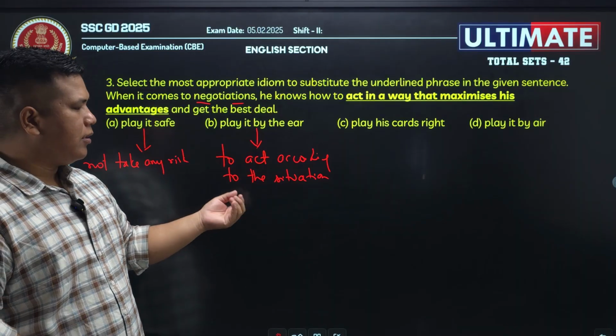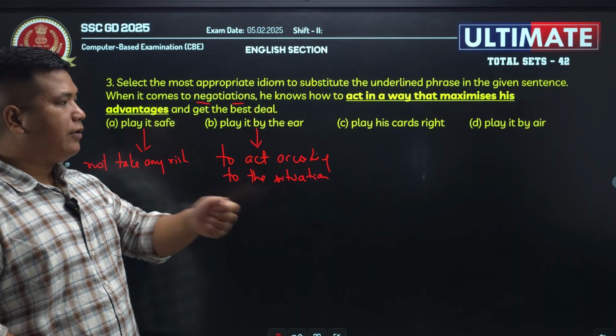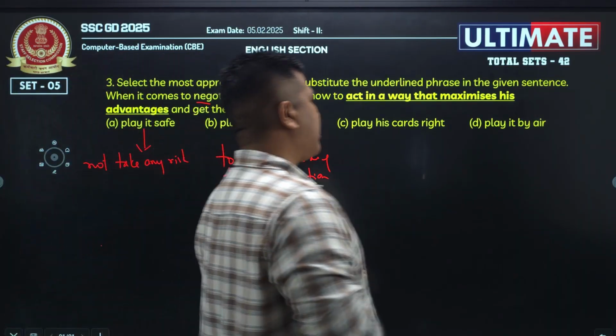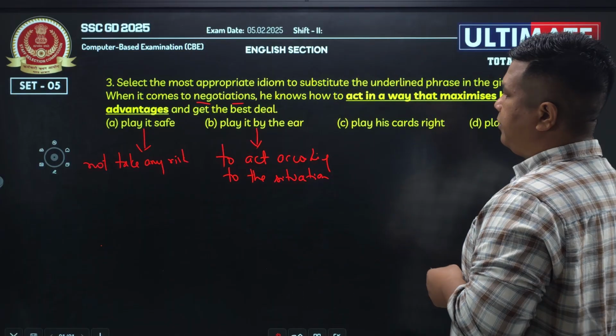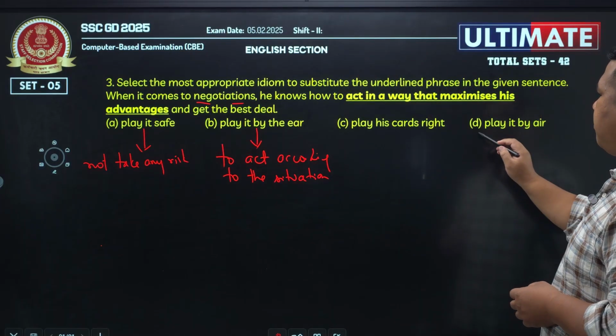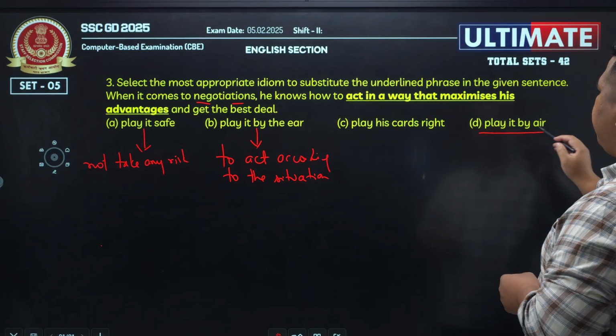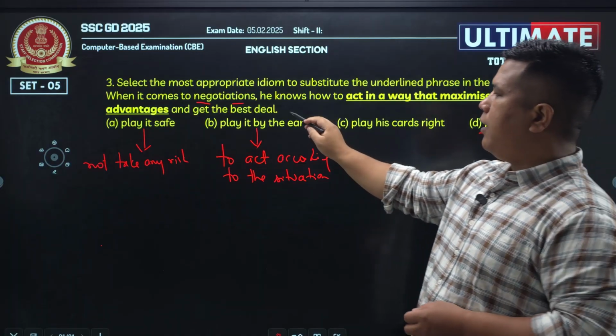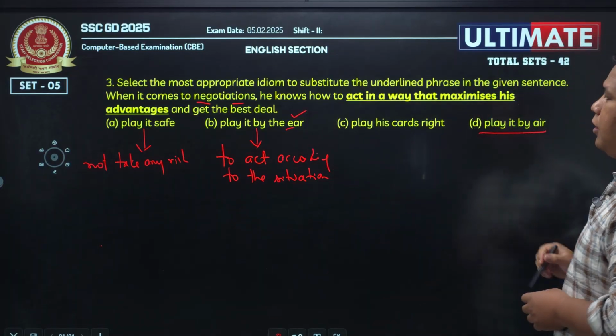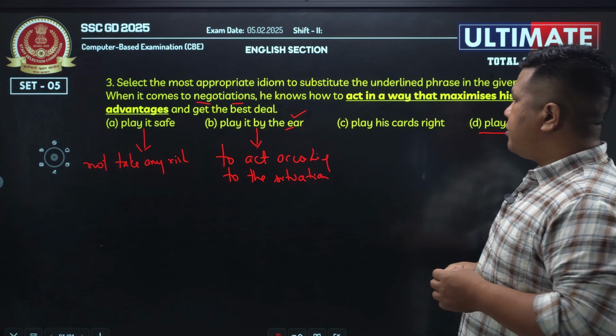So play his cards right, play it by the air. Air here, this one I think is a misnomer of that one. C, play his cards right.